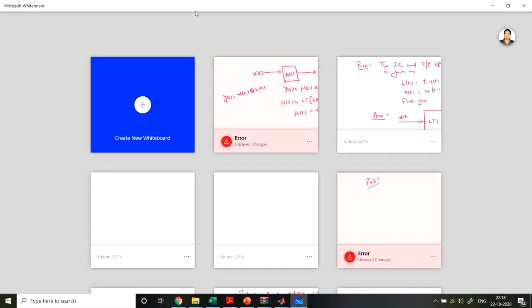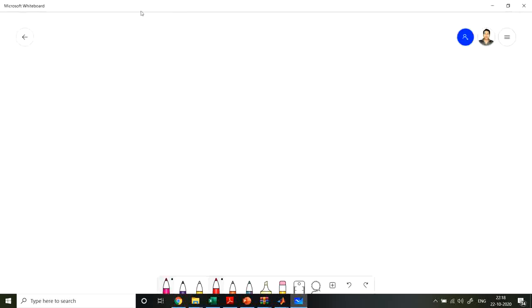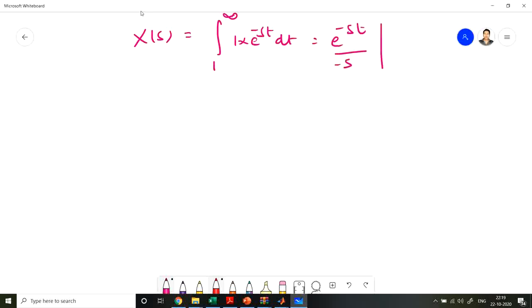The solution is the integral from 1 to infinity of 1 into e raised to the power minus st dt, that is e raised to the power minus st divided by minus s, evaluated from 1 to infinity. So it is 1 divided by s multiplied by e raised to the power minus s.